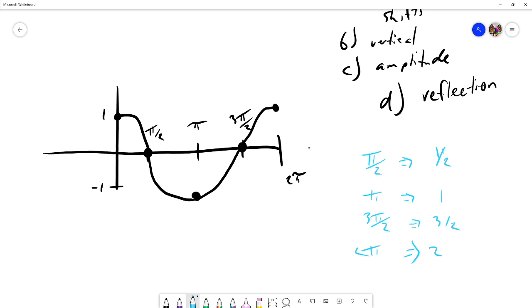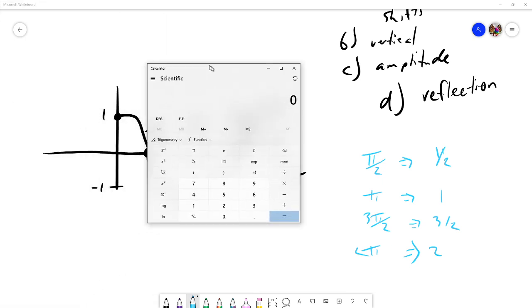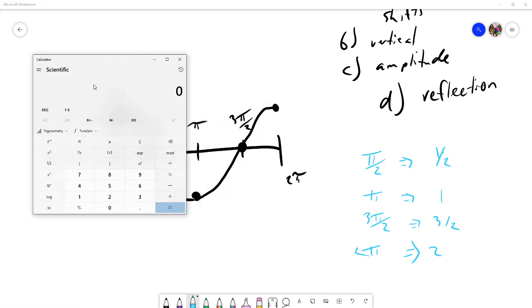So when we think about our value a half, let's make sure. We'll bring up the calculator so we can see what our thought is. So when we think about pi over 2, pi divided by 2 here, we see that it's approximately 1.6.